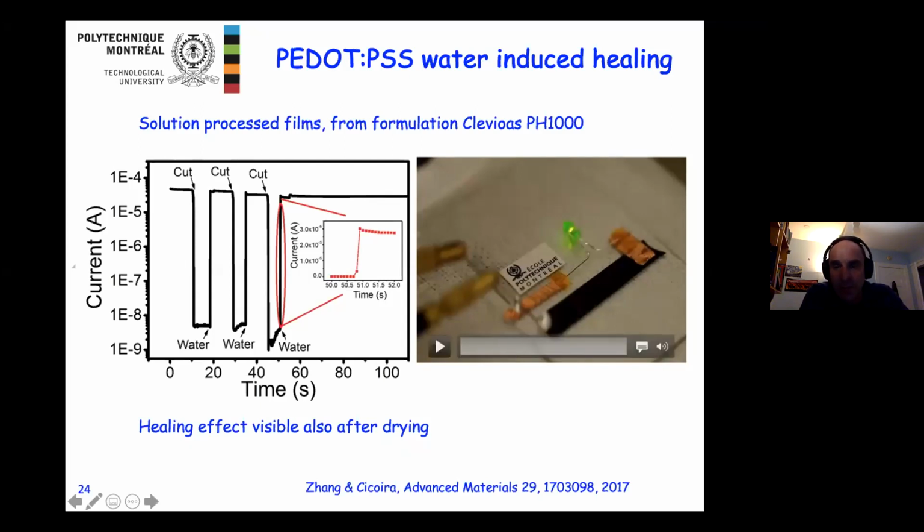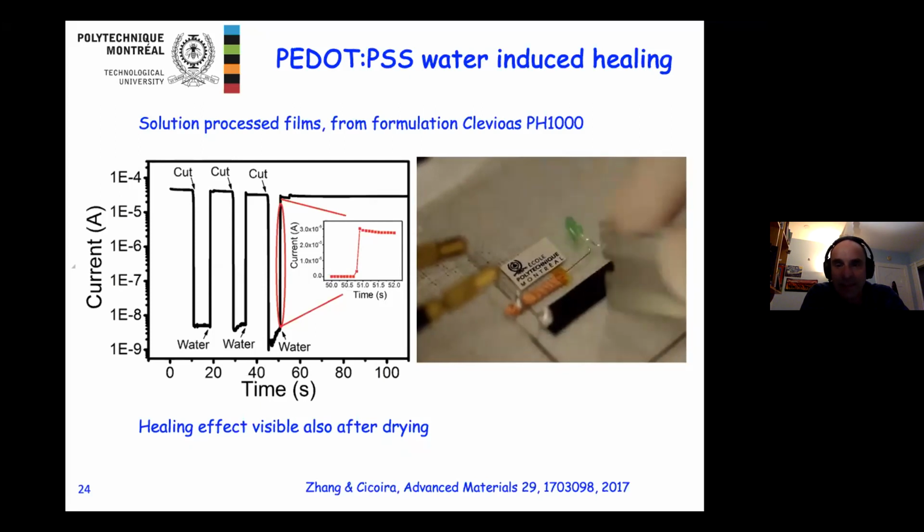The black strip here is a PSS film, and we made it part of the circuit where we are powering a light emitting diode. Then we simply cut the material with a blade.